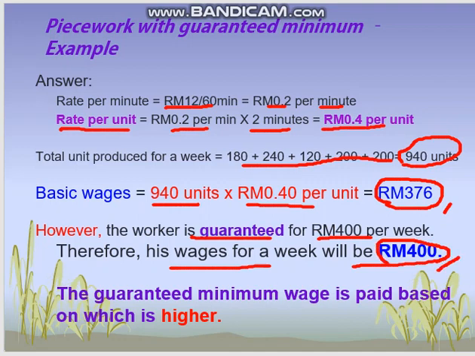Because the salary is supposed to be only 376, which is lower, he is guaranteed 400. So what should we pay him or her? 400. With the minimum guaranteed wage, we should pay whichever is higher.